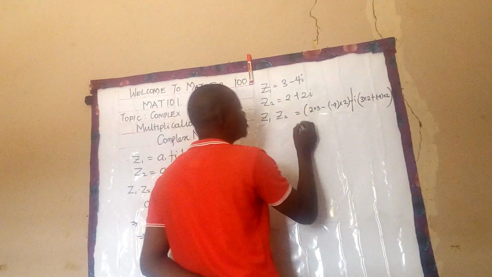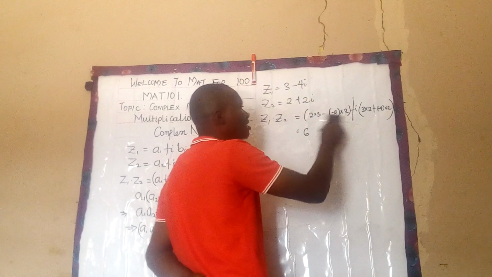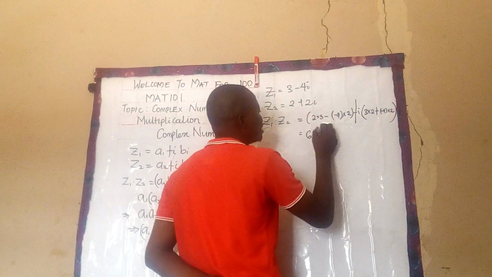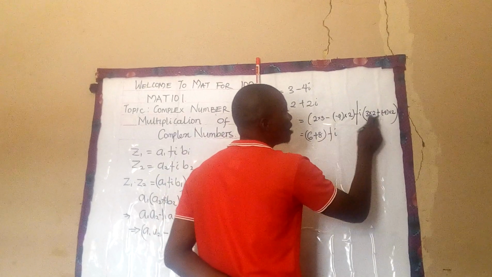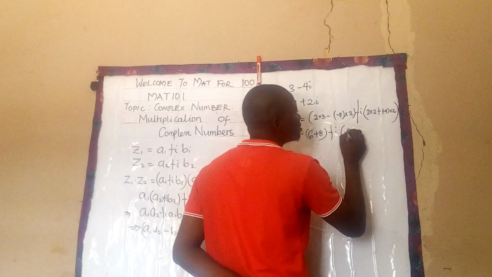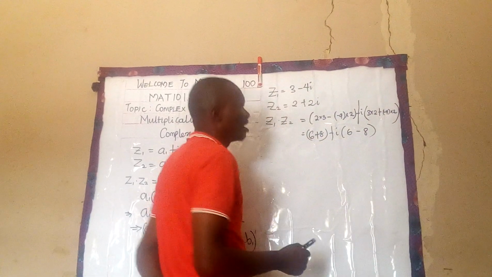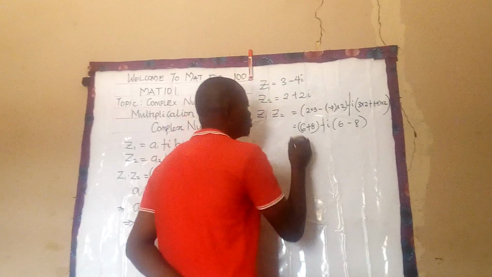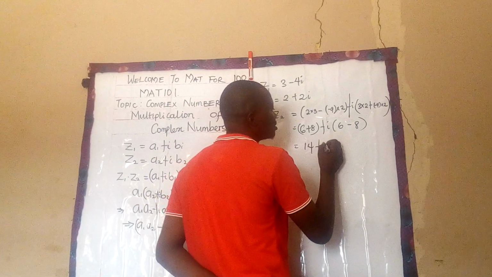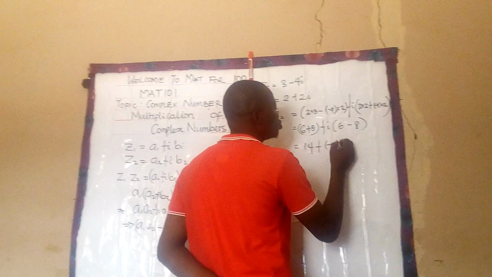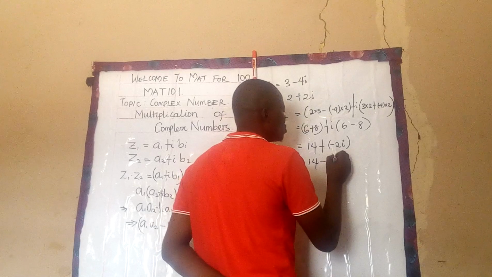So this gives me 6, and this gives me negative 8. Then I have plus 8. Then this part I have plus the imaginary part. Here I have 6 minus 8. With 6 minus 8, I have minus 2. So I have it to be equal to 14 plus minus 2i, which is equal to 14 minus 2i.